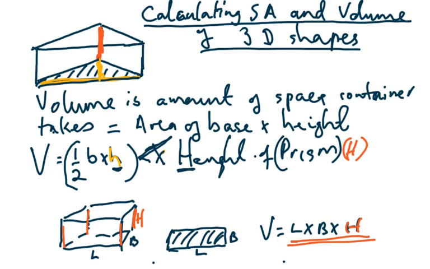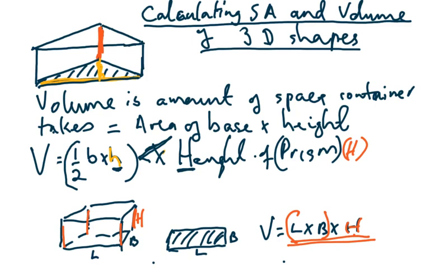The best way to put it is volume is given by area of the base, that's the base. In a cuboid, it's L times B. Area of the base multiplied by the height. Why? This definition is much better because not all the bases have length times breadth.